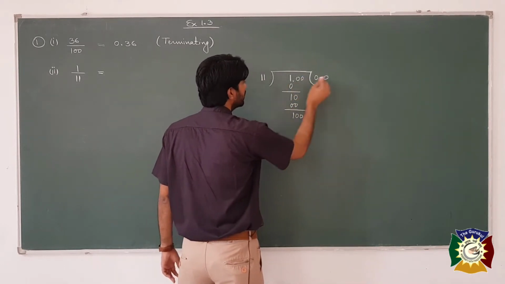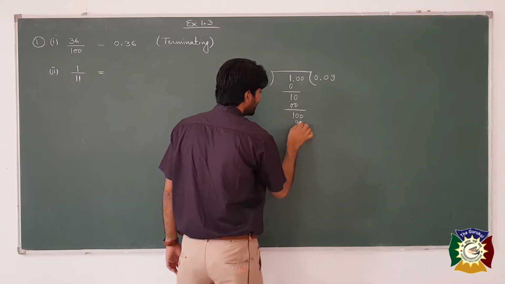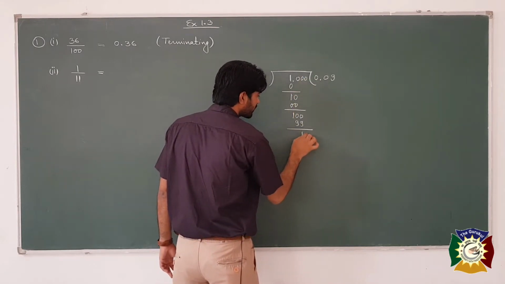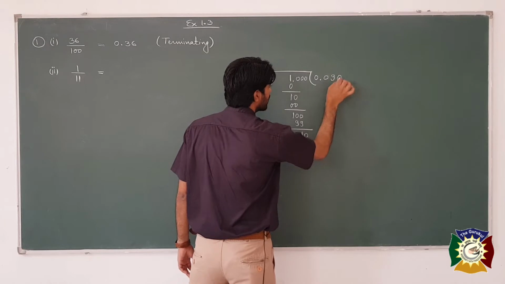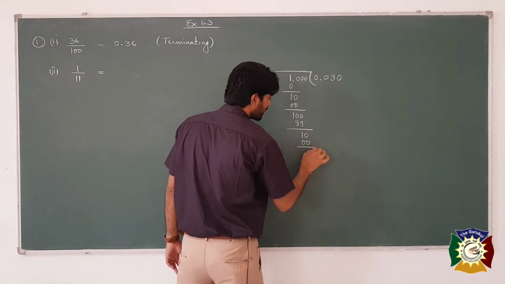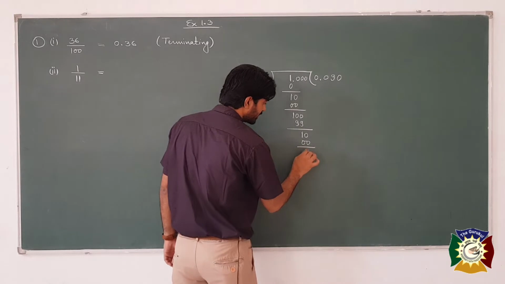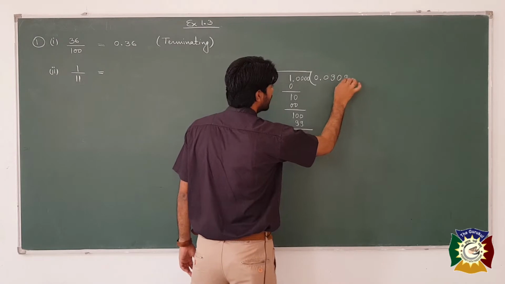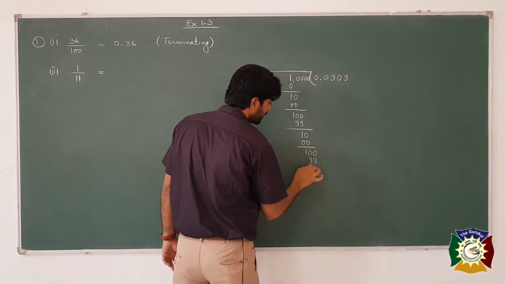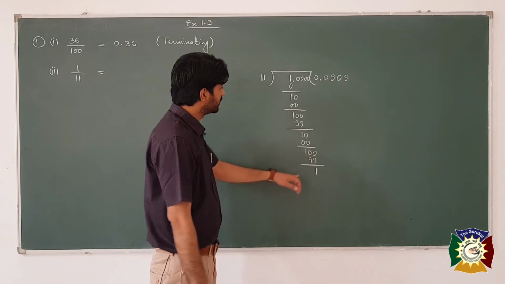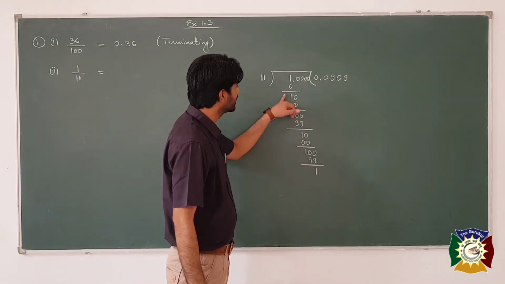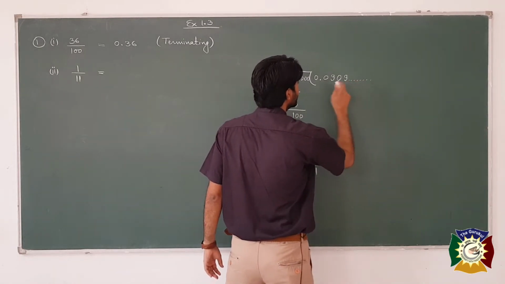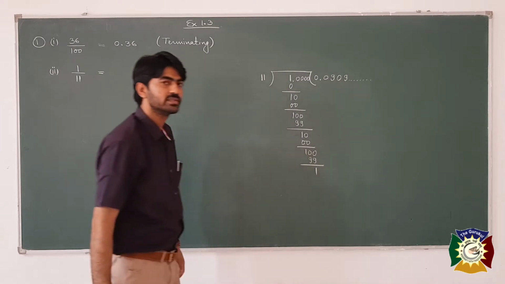Now 11 9s are 99, we are left with 1. Again 11 zeros are 0, then we are left with 10 again. 11 9s are 99, again we are left with 1. This remainder 1 is being repeated. So we will keep on getting 09, 09, 09 likewise.